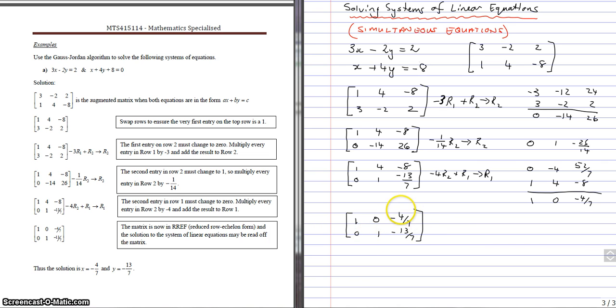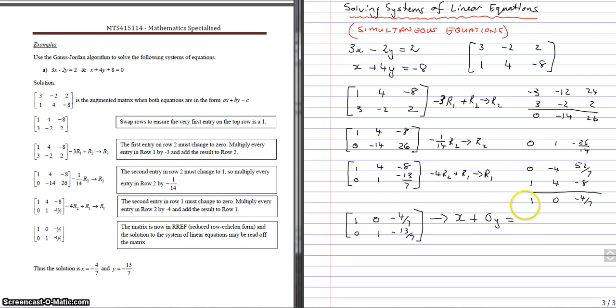Okay. Now, how do we read our solution off? We can translate this into an equation for each row. This first one would be the same as, because remember the first entry here is the coefficient of x, so we've got x plus 0y.